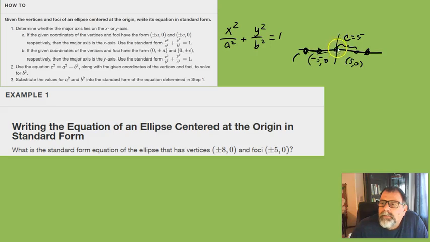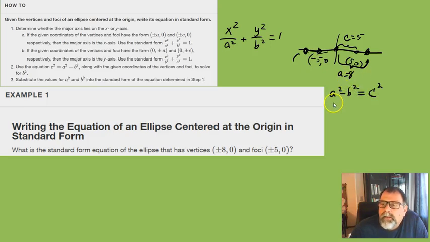And the distance from the center to the vertex, that is a. So a is 8, c is 5. So now I'm going to use this equation that relates a, b, and c.